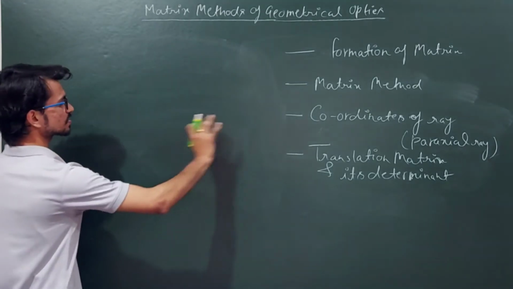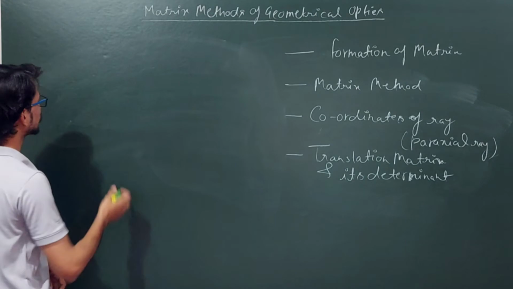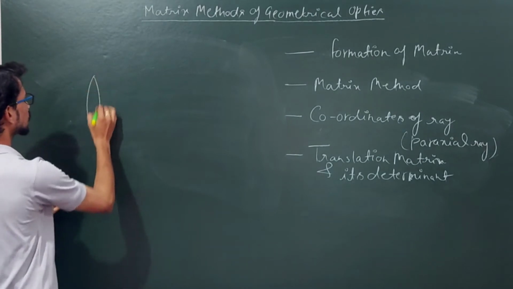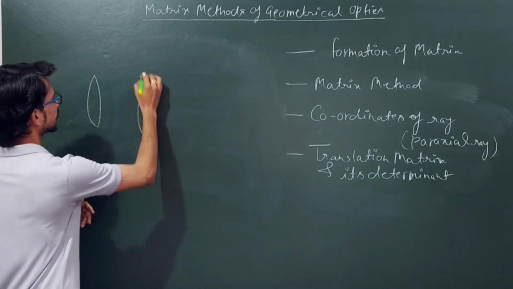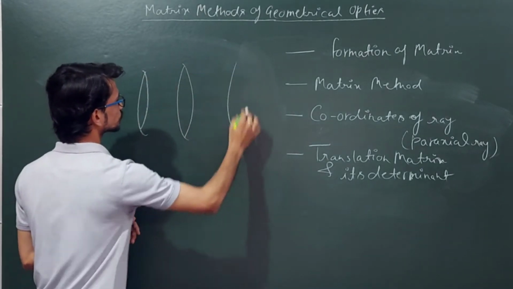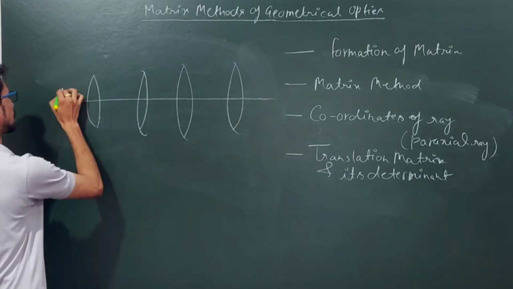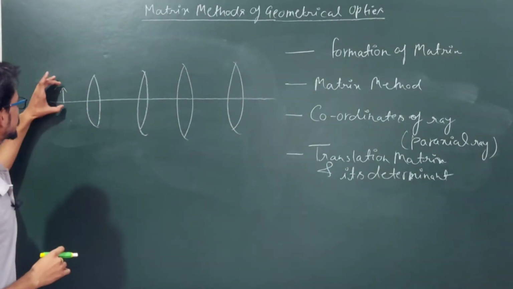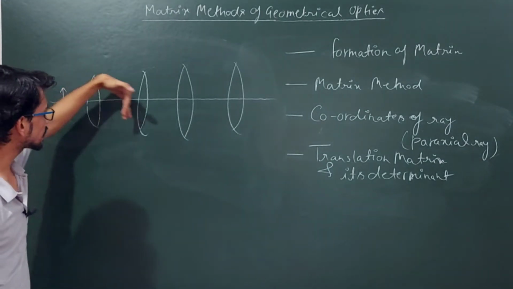Let's say there is a system of optical phenomena or an optical experiment. Let's say these are a number of convex mirrors which are placed here, and there is an object standing here, and here the lenses are 4.